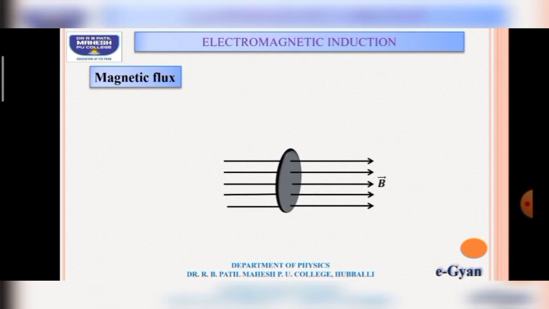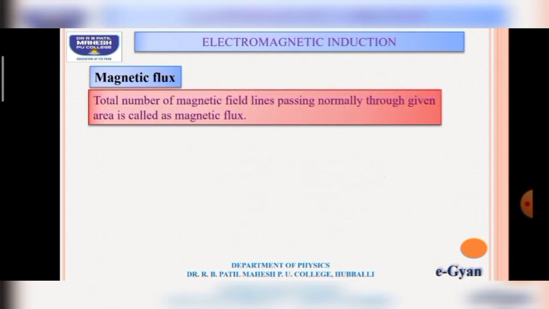Now let us see the definition of magnetic flux. The total number of magnetic field lines passing normally through a given area is called magnetic flux.